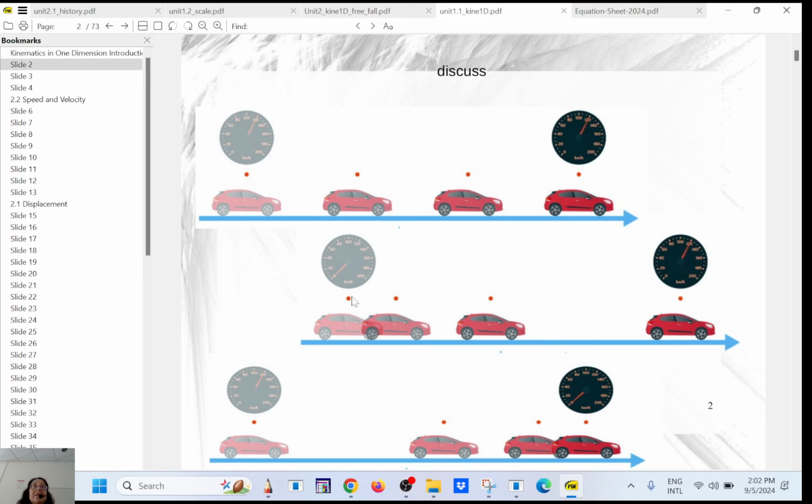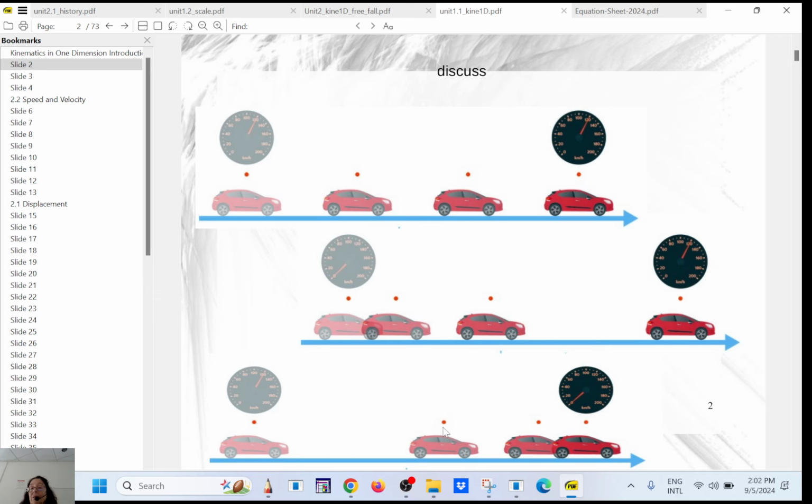Every second, it's moving farther and farther away, and the velocity is increasing at a constant rate. That rate is called the acceleration. So here the velocity is to the right, and because it's accelerating, acceleration is also to the right.